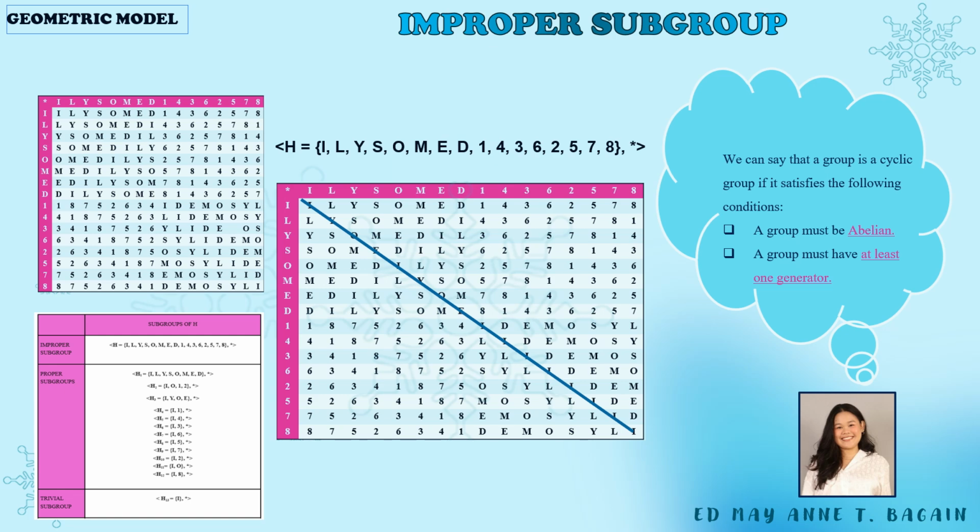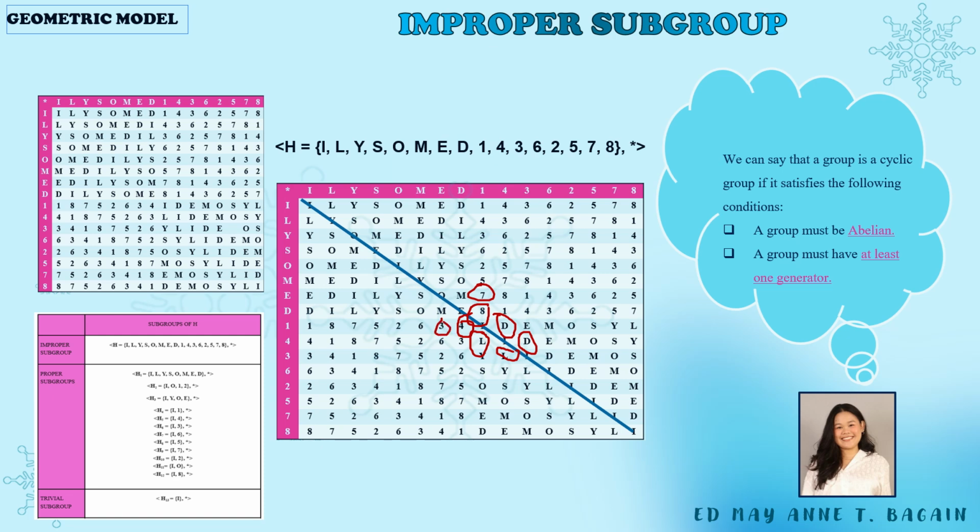Let me circle those two. This L and then this D. As we can see, those are not the same elements. Also, we have here the 8 and 4. And this one, the 7 and 3.